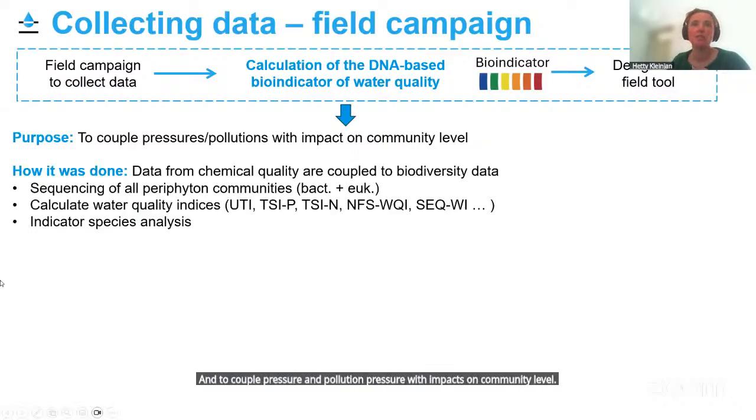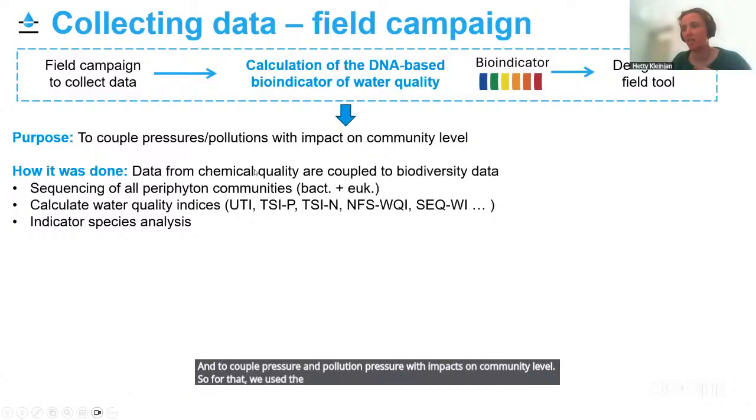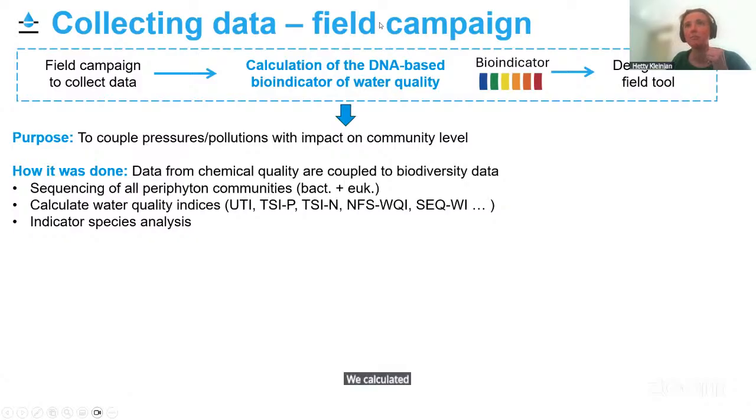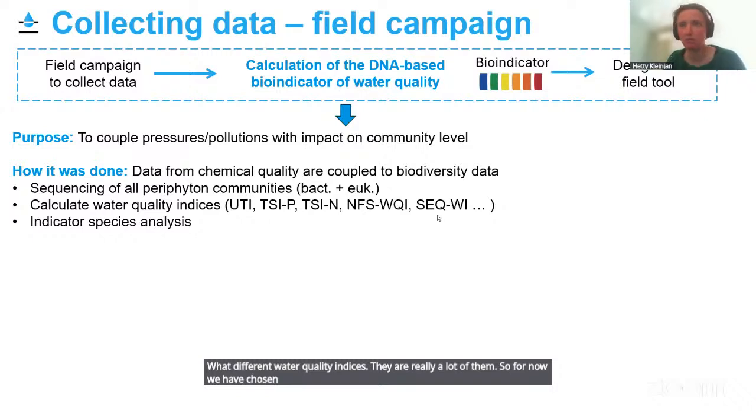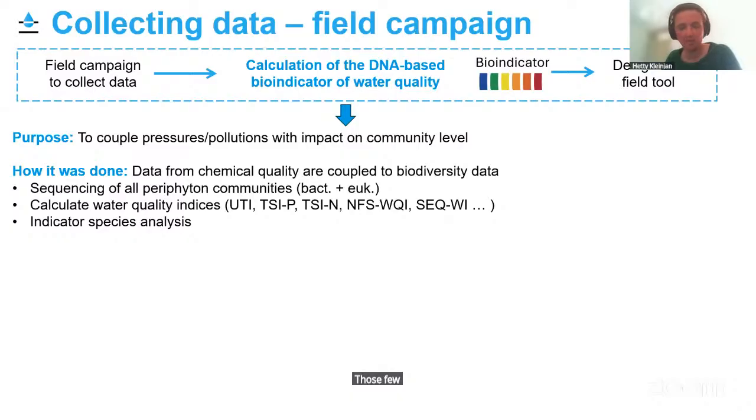So for that, we used the physical-chemical data from the water quality, and we coupled that to the biodiversity data. So we calculated different water quality indices. There are really a lot of them. So for now, we have chosen only those few, but there are more.